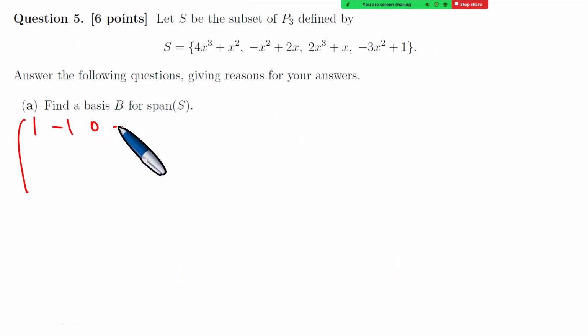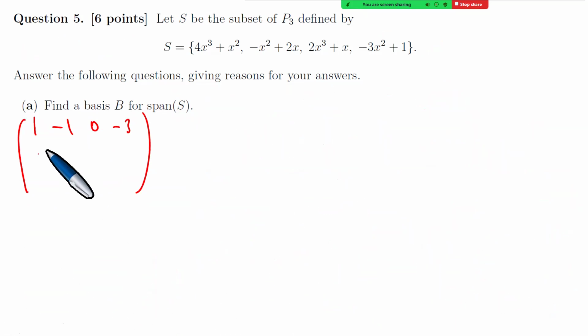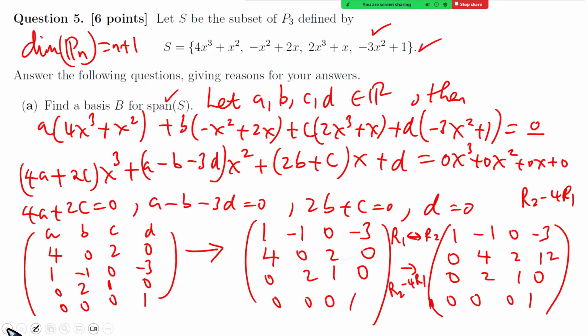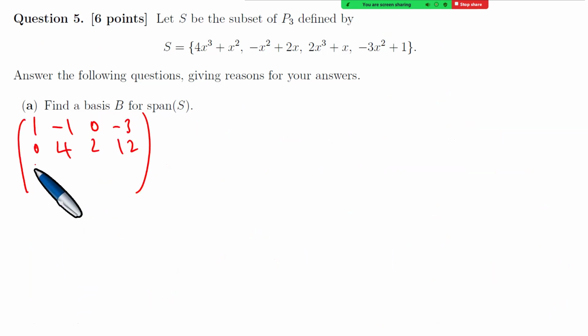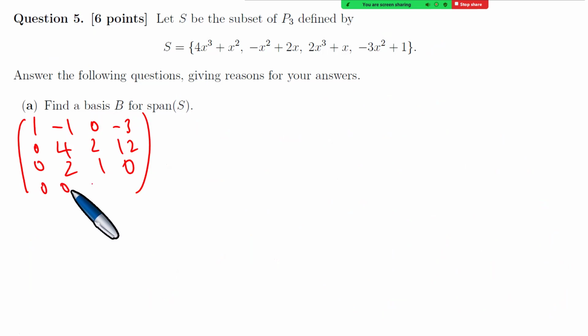Then 0, 4, 2, 12. Then 0, 2, 1, 0. Then three zeros and a 1. Like this.